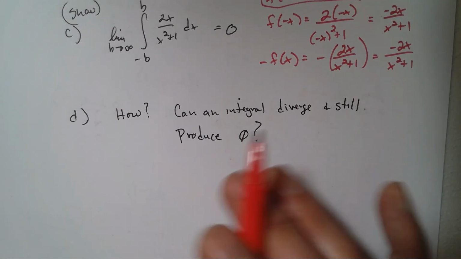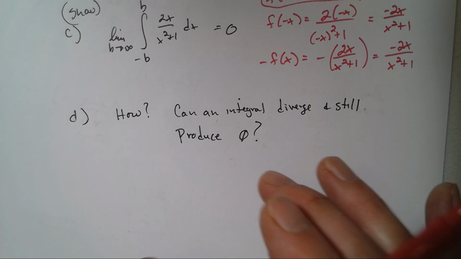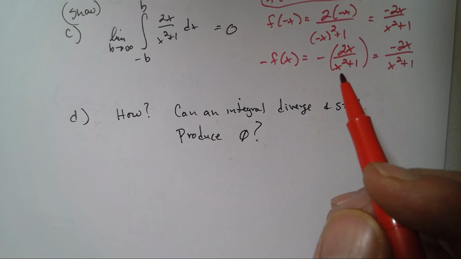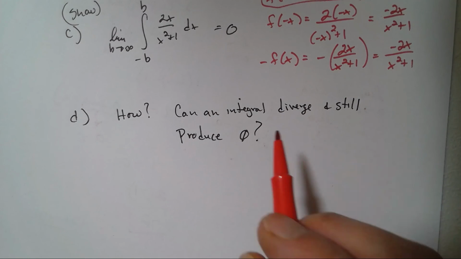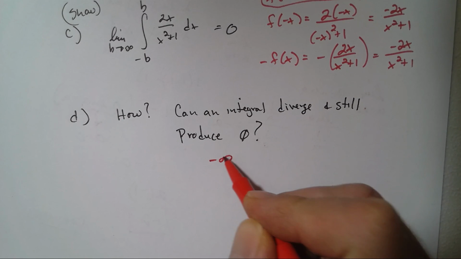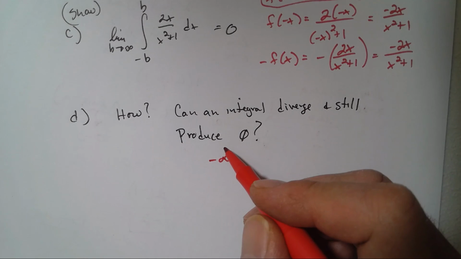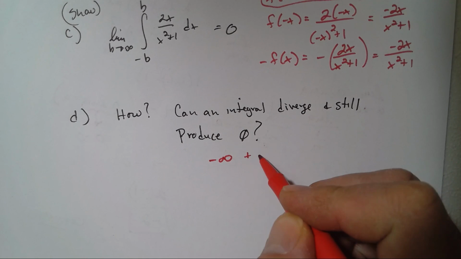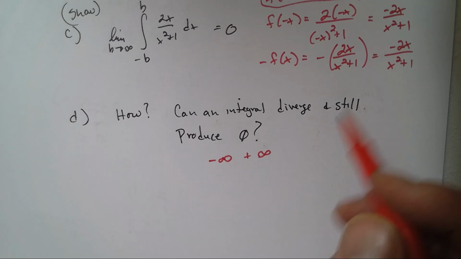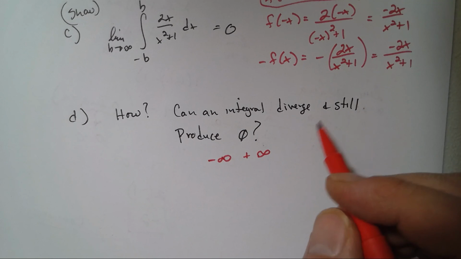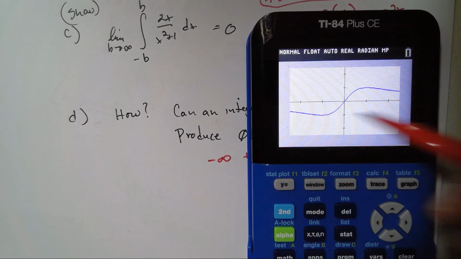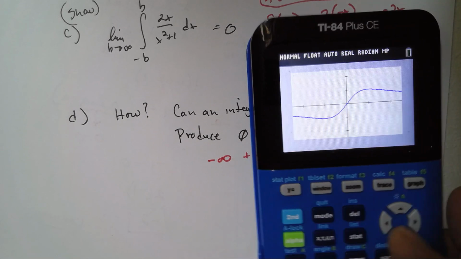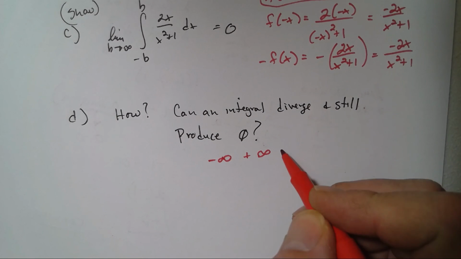Well, this one has infinite areas on both sides, but the infinities end up, so if we have negative infinity area to the left and then positive infinity area to the right, those end up canceling each other off in this case based on the characteristics of the odd function. So it diverges, but you can still get 0.